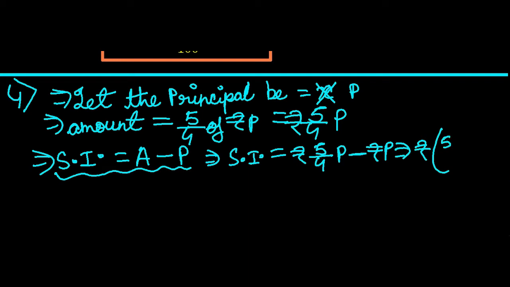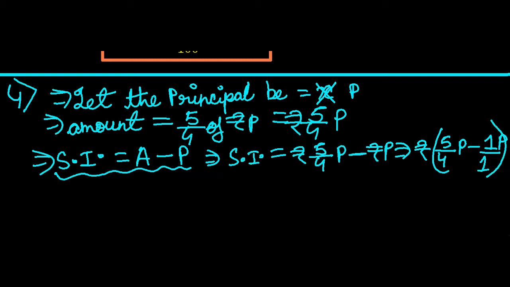We will keep the rupees sign out and we will write here 5 by 4P minus, when there is nothing here you can assume it as 1P. When there is nothing below you can write it as 1.